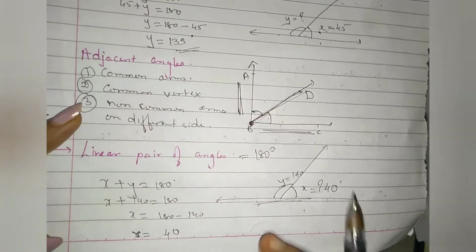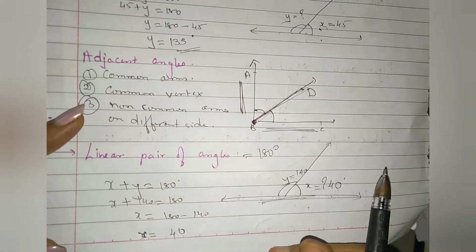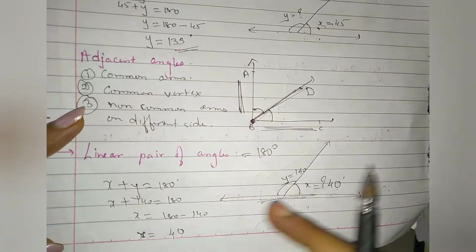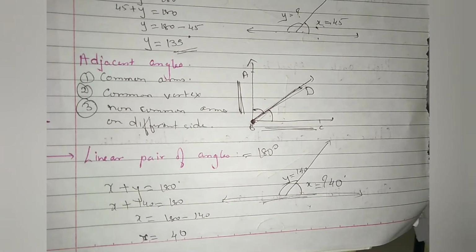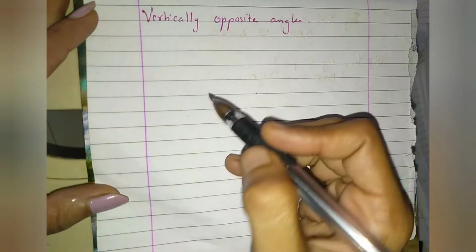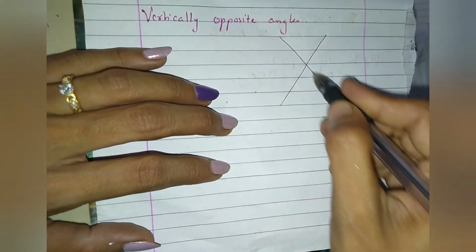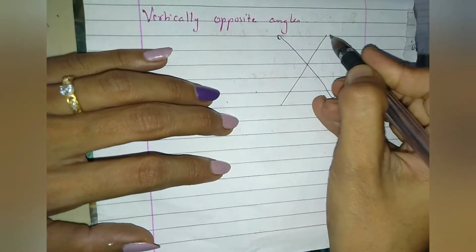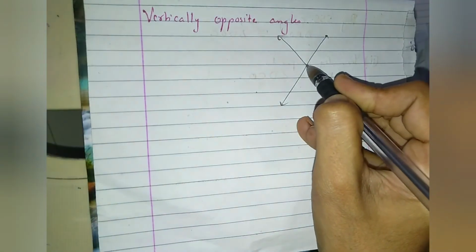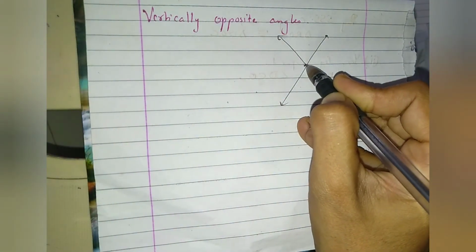So if you want to find the linear pair of angles, this is the way, same as supplementary angles. Now vertically opposite angles. If two lines intersect each other, they form vertical angles.